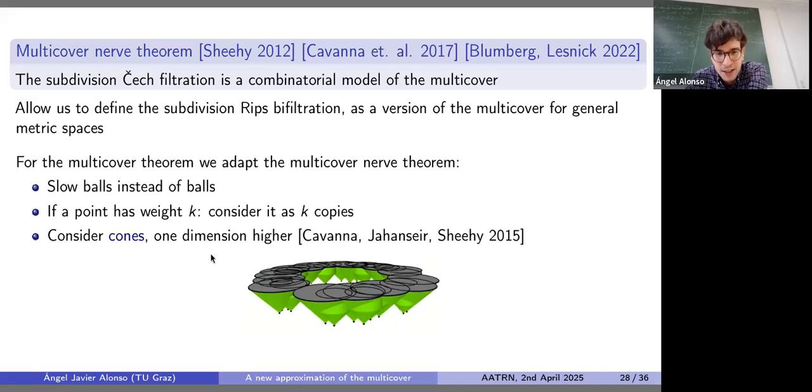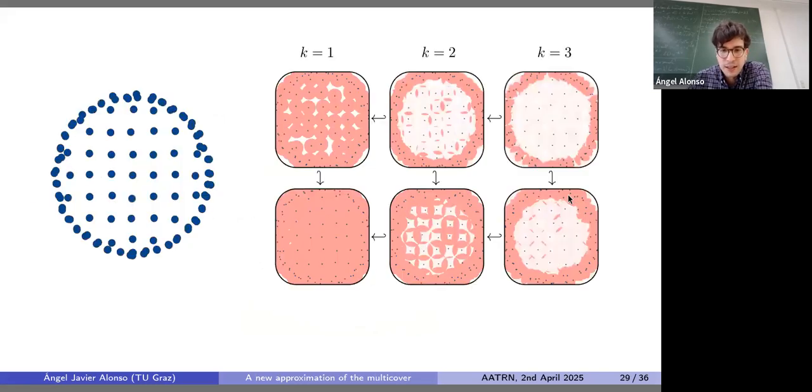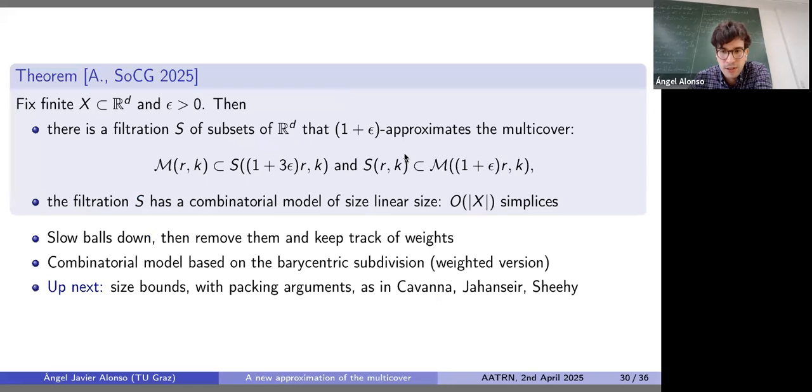And then there is a trick that we used for everything to play nicely, for everything to be a filtration, since we are removing balls, and we just lift everything one dimension higher with the use of cones. This will be the picture, and I won't talk too much about this. But the point is perhaps that to obtain a combinatorial model of this version of the multicover with slow balls, to obtain a version of this theorem, we just adapt this multicover theorem of Sigi.